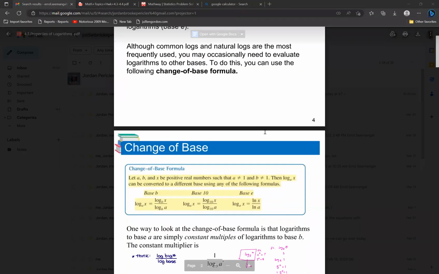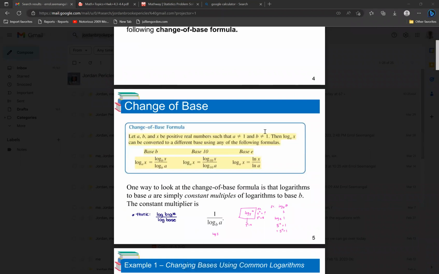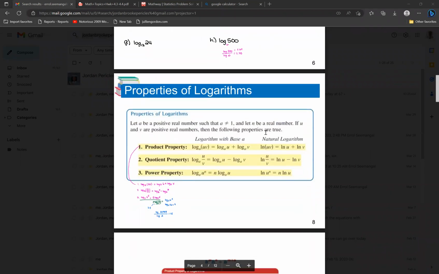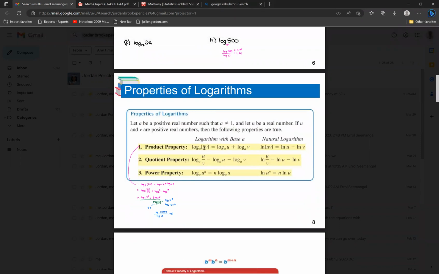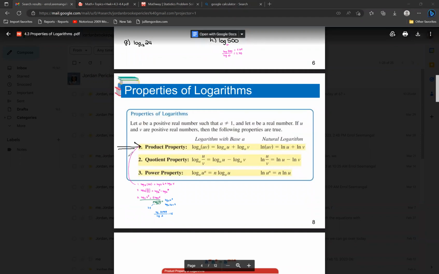What we're looking for is the multiplication one, which is number 1 right here. When we have the same base and we're adding, we really just multiply the two things, which is what we did.